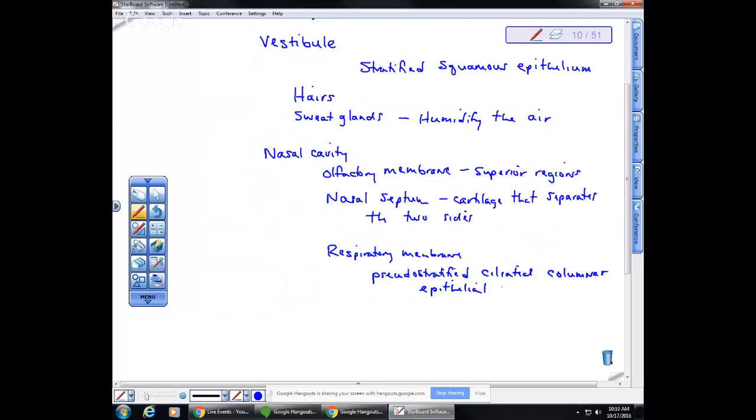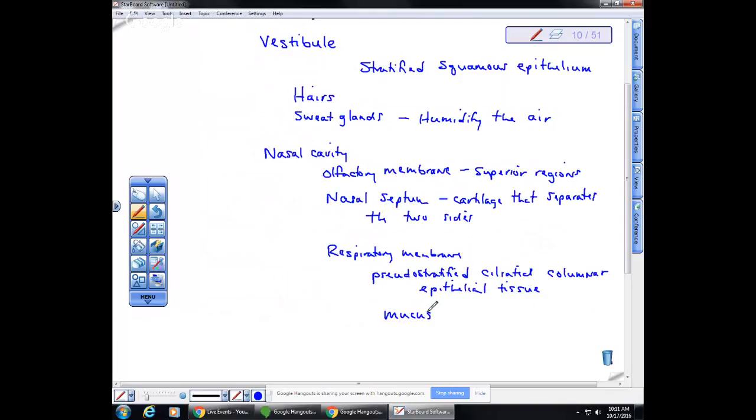And so you can remember that this is the type of epithelial tissue in the conducting zone where there typically is not friction. Okay, so where things don't generally travel that they can actually cause damage to the membrane. So this produces mucus.